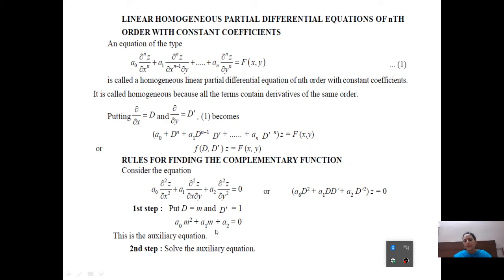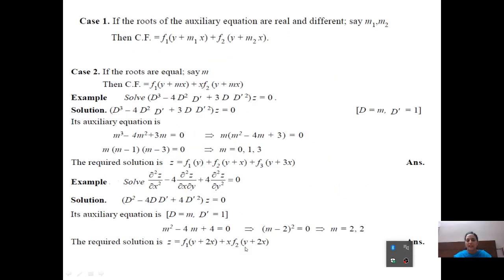So we will obtain an equation of this form, which contains only m. We will solve this equation, simply factorization we have to do. If we obtain two roots, say m1 and m2, the complementary function can be written as f1(y plus m1x) plus f2(y plus m2x).